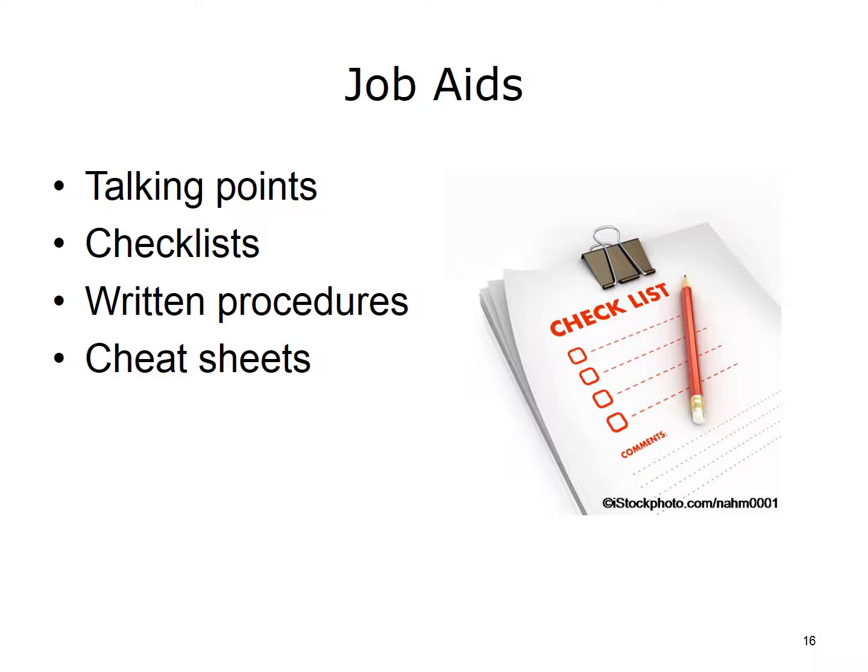Job aids might include talking points, checklists, written procedures, or cheat sheets, memory aids to rescue people when they forget what to do, or descriptions of new system features for common tasks. The type and extent of the job aid depend on how extensive the change is. The creation and training on job aids should be included in the implementation plan.